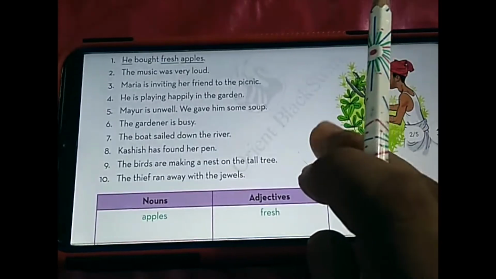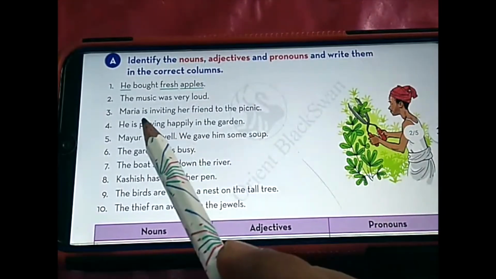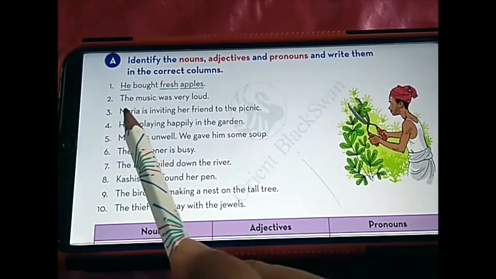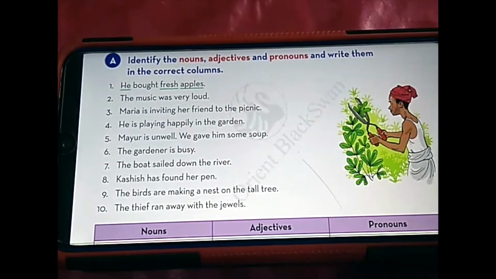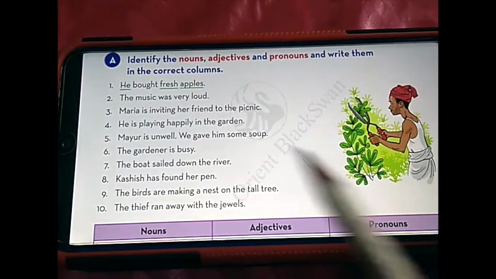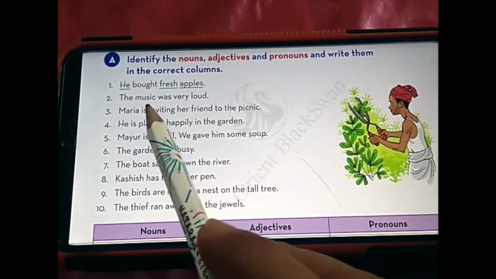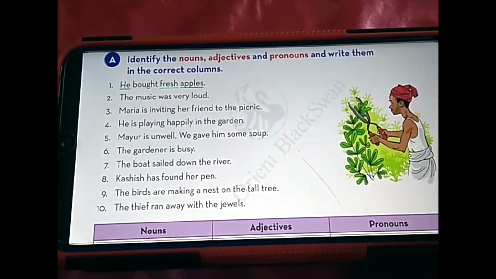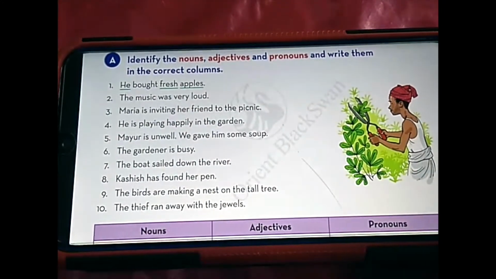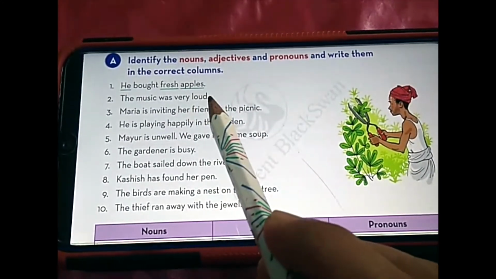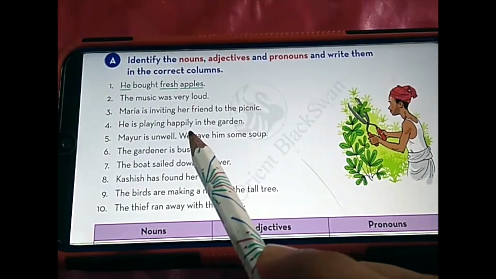Okay. So let us see one more that will help you. The music was very loud. Here you have to find out, at first, what is the noun? You can see that music is a noun and loud is an adjective.